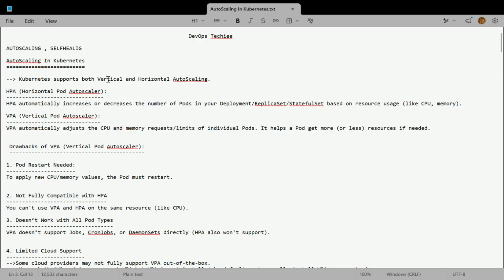Today we have two types of auto scaling in Kubernetes, that is horizontal pod autoscaler and vertical pod autoscaler. Horizontal pod autoscaler automatically increases or decreases the number of pods in your deployment based on resource usage like CPU and memory.